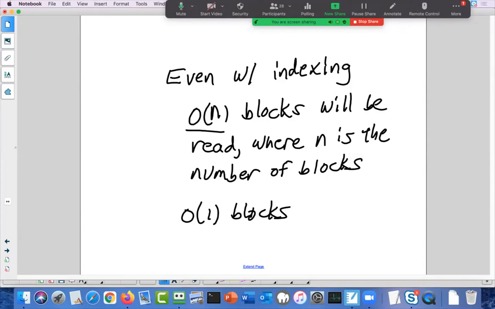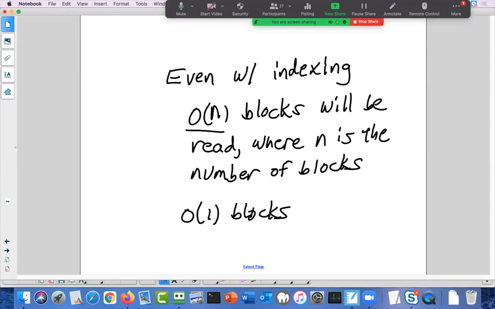As we'll see when we look at both B+ trees and extendable hashing, with both of them you have to read generally at least 2 blocks from secondary storage. So the index is not free either. It's going to cost you something.